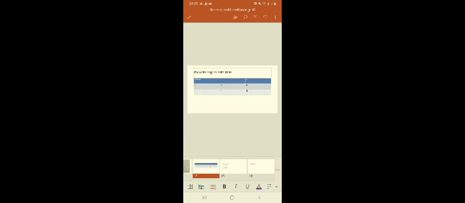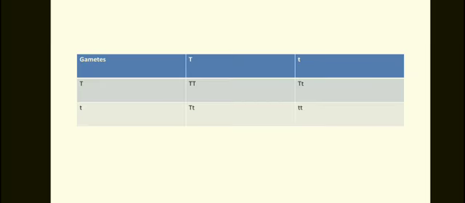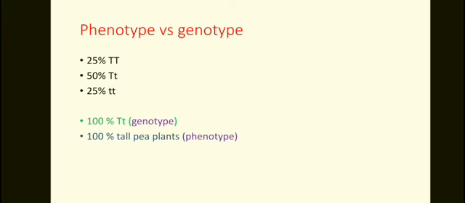Now let us look at it. So in this case we have crossed the descendants that are heterozygous, right? When we cross them, what we see is that some are homozygous dominant, some are heterozygous, and others are homozygous recessive. So we have 25% homozygous dominant, 50% heterozygous, and 25% homozygous recessive.